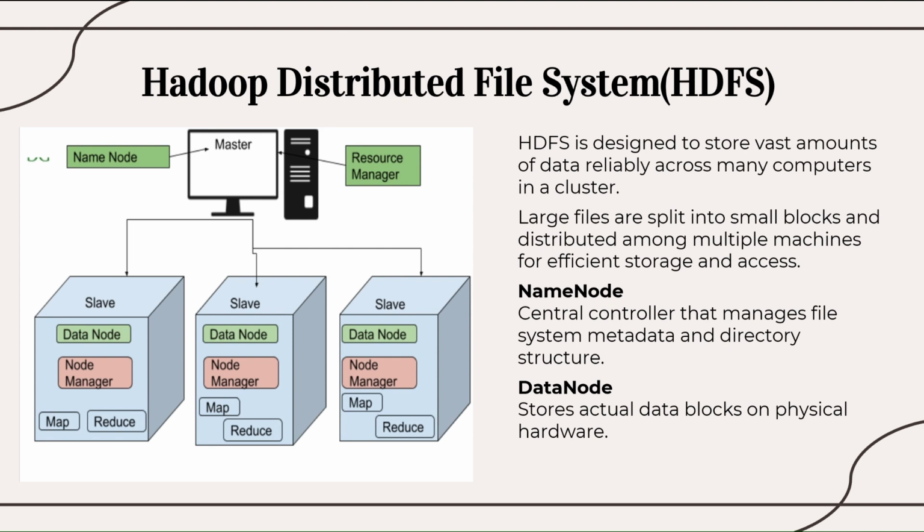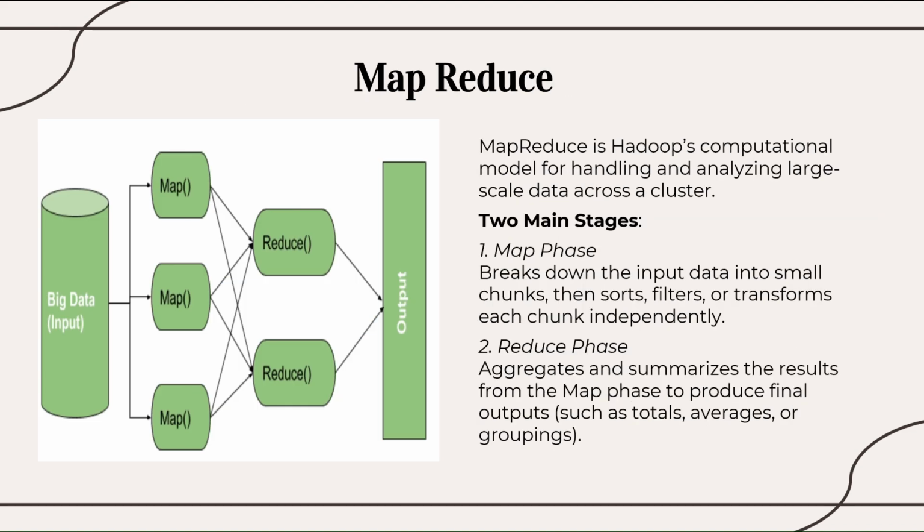Now, once the data is stored safely in HDFS, we need a way to process it efficiently, and that's done using MapReduce. MapReduce is Hadoop's parallel processing model for analyzing data in parallel. The first stage in this process is the map phase, which breaks down the input data into small chunks and then filters and transforms each chunk independently.